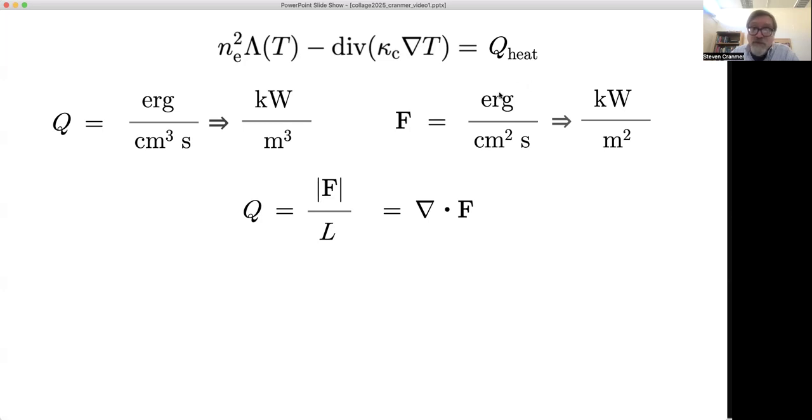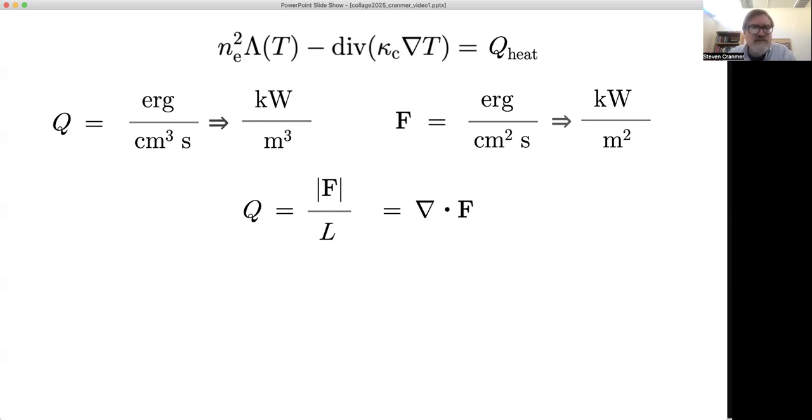So to convert between energy per unit area and energy per unit volume, you just have to divide by that length, right? We're going to be talking about field lines flowing through the corona, and coronal loops where the field line reaches the sun on both ends. So this L can be thought of as the length of that loop, the length of that field line.